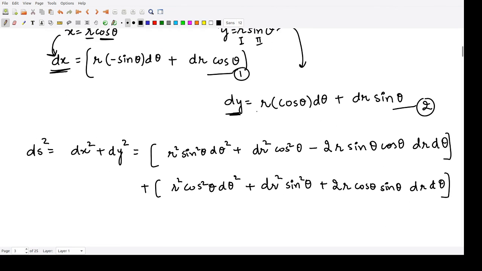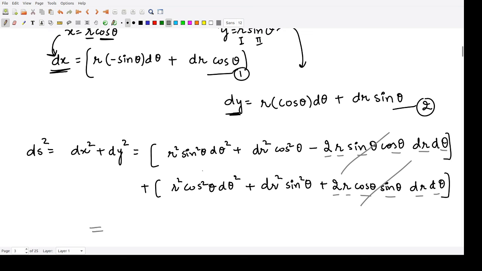Now from here you see, this term 2r sine theta cos theta dr d theta is equivalent to this term 2r cos theta sine theta dr d theta. However, they have opposite signs. So this whole term cancels with this whole term.